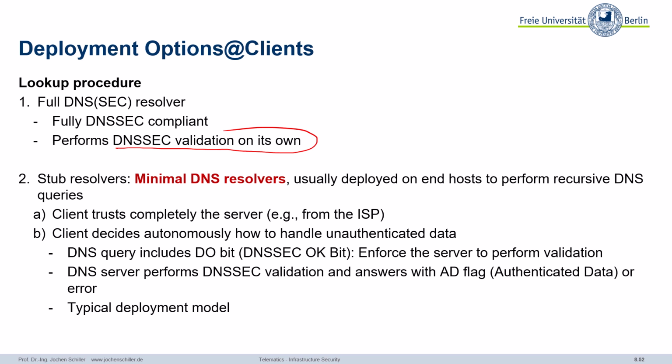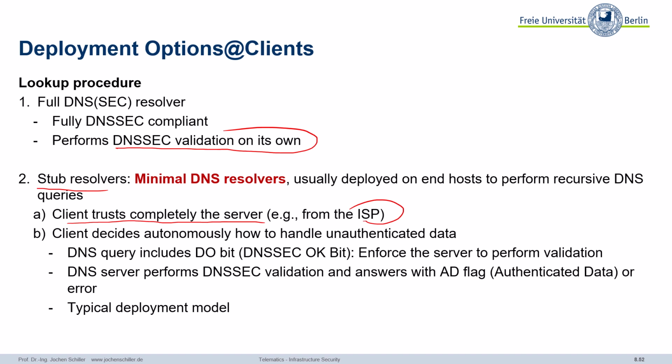Then there's also another version, which quite often is done. We have so-called stub resolvers. Basically on end systems, you trust completely the server from the ISP. And now the client can decide how to handle unauthenticated data, and this is the typical deployment model.